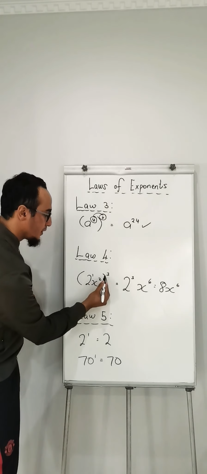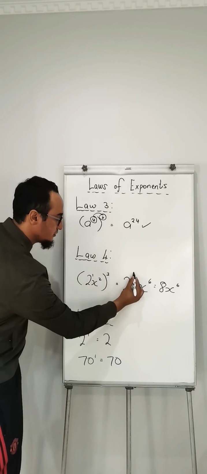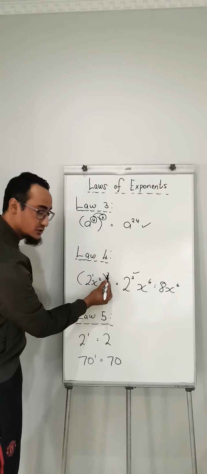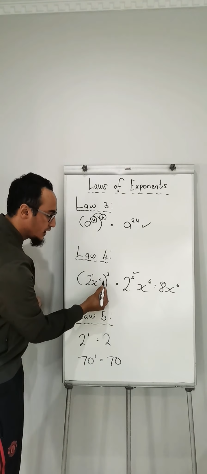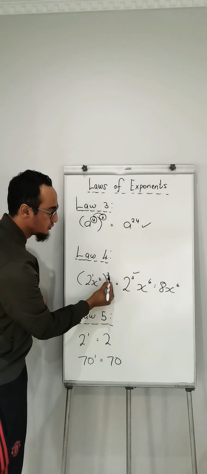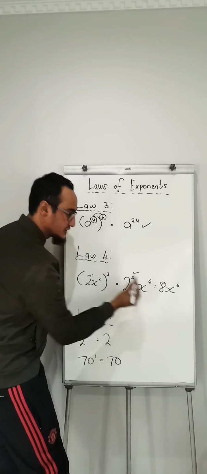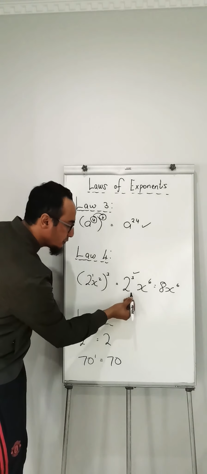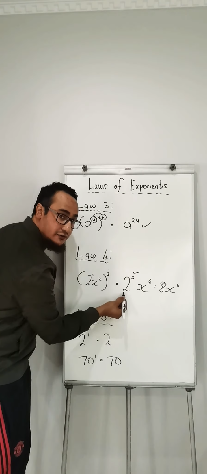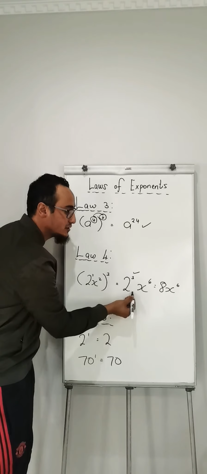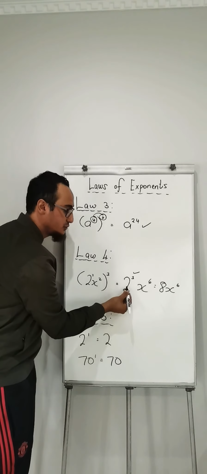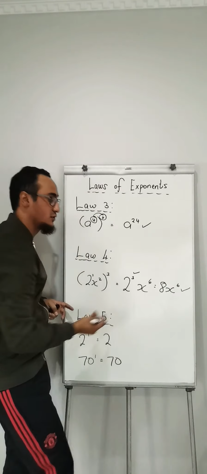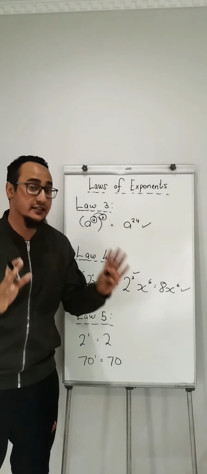So 1 multiplied by 3 is equal to 3. X squared raised to the power of 3. What do I do? I multiply the 2 with the 3, and that is equal to 6. Then once I have this answer, look at the coefficient, which is 2 to the power of 3 over here. I need to simplify that further and say 2 to the power of 3 is equal to 8, and obviously the x to the power of 6 stays exactly the same.